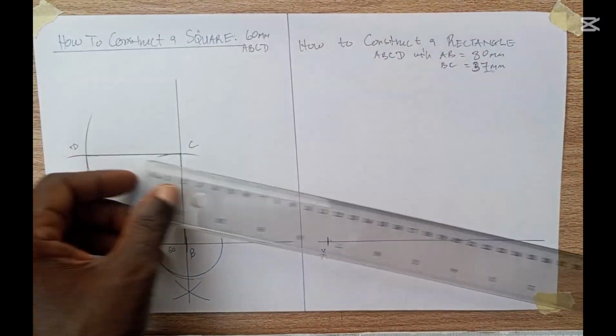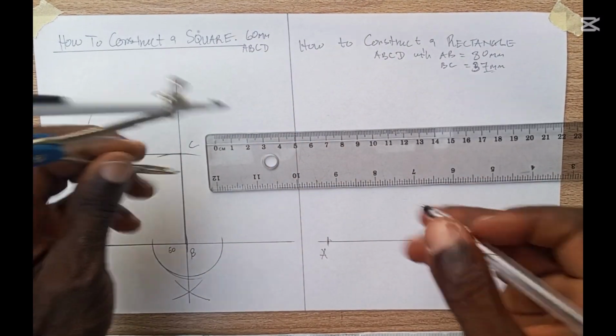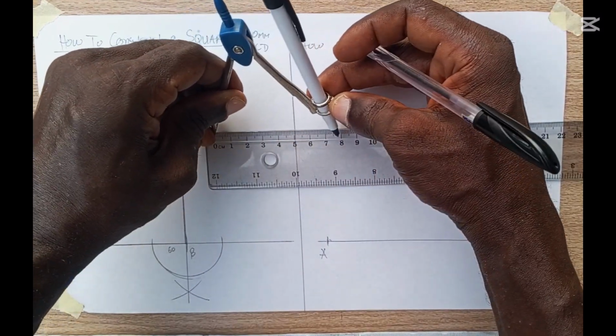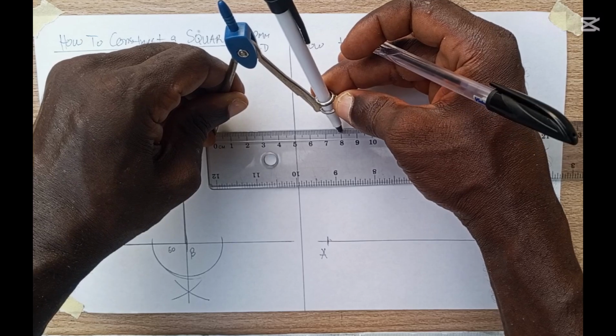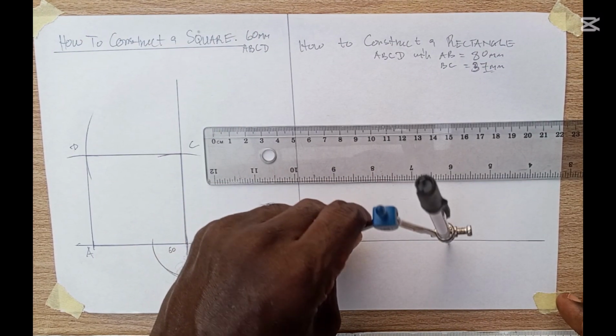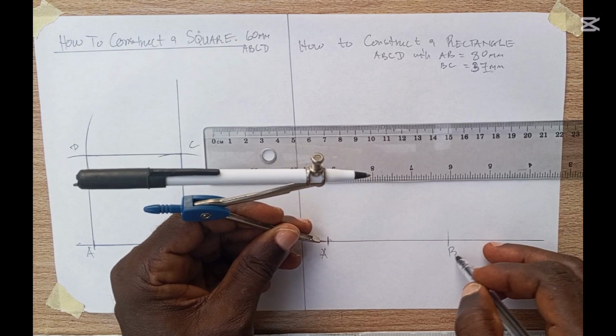Measure 0 to number 8. Can you see that? Good. Put it at A and cut here. That gives me my B.